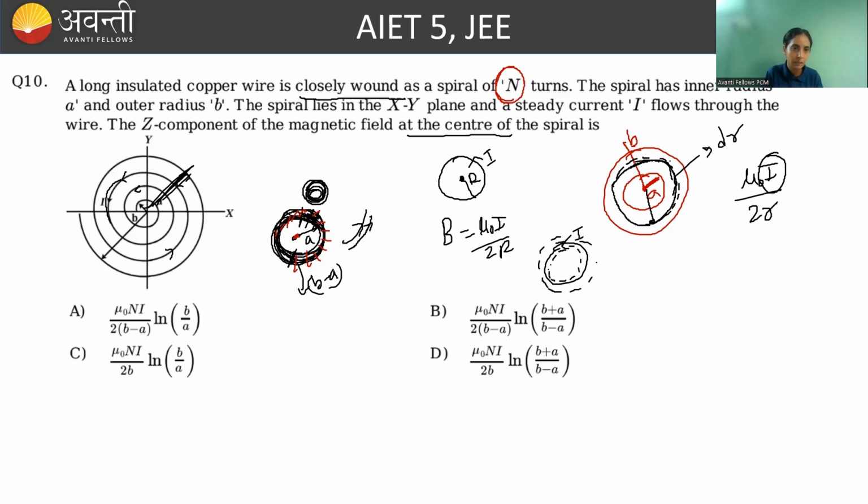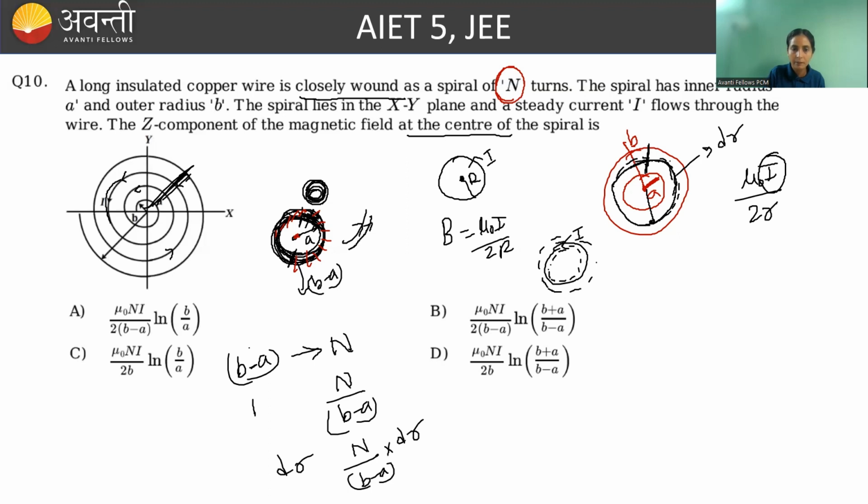The whole thickness B minus A has N turns. In unit thickness there will be N by B minus A turns, and in dr thickness there will be N by B minus A into dr turns.